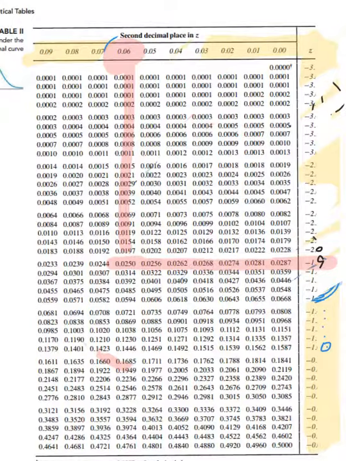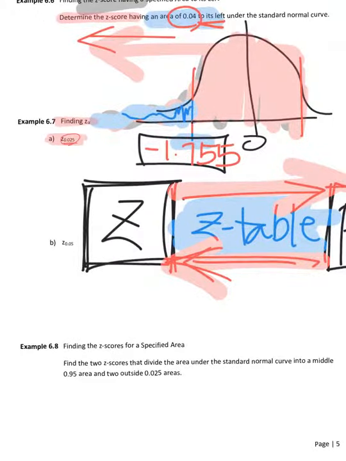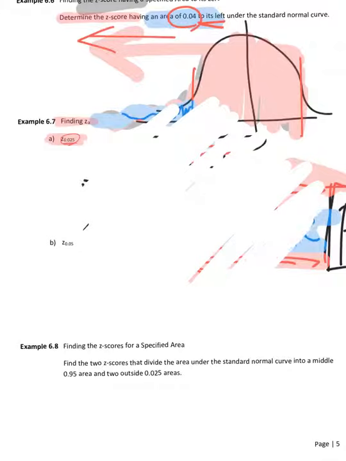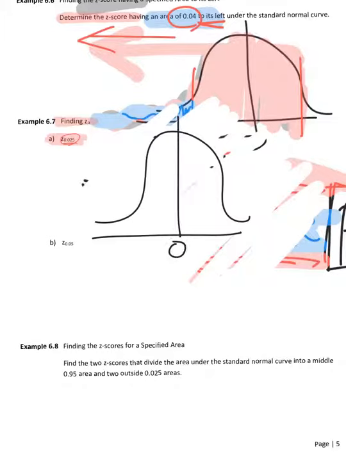So let me go back to the example. Okay, let me erase them. Now, let me make another standard normal distribution, mean 0. And I can say less than negative 1.96.